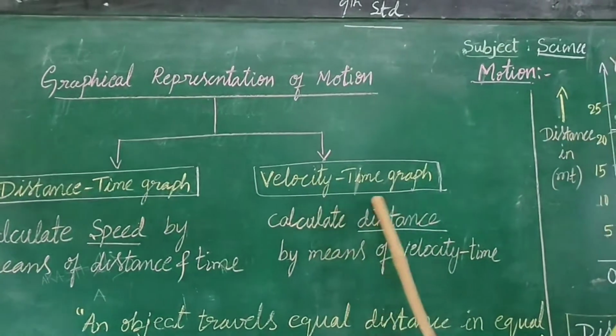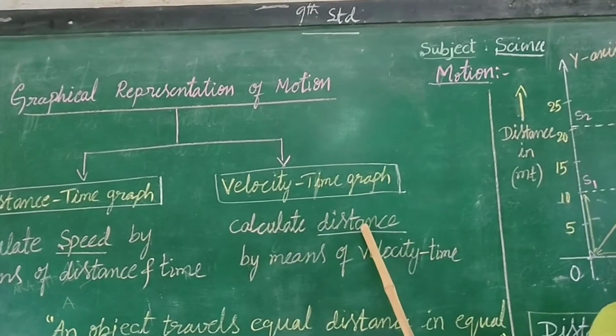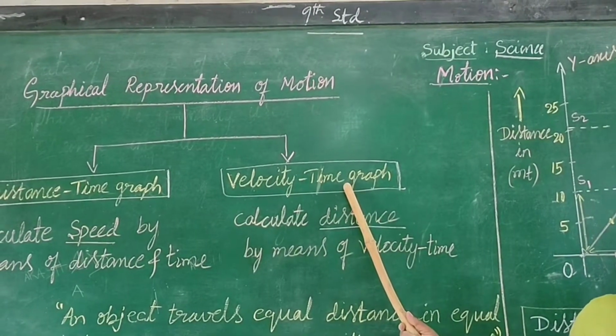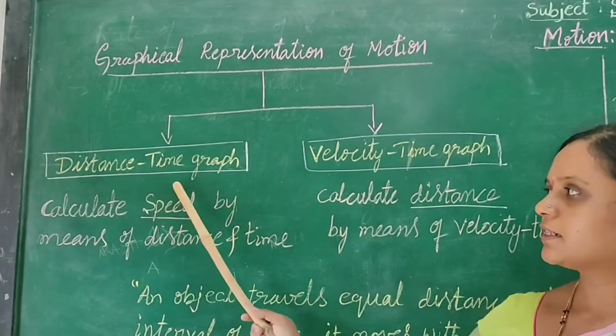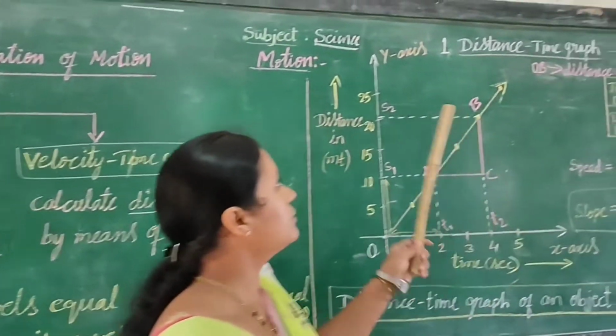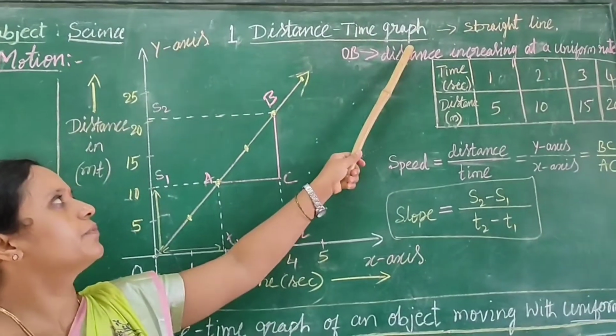In the same way, by using the velocity time graph, we can calculate the distance by means of velocity and time. So first, we are going to the first type, that is the distance time graph.